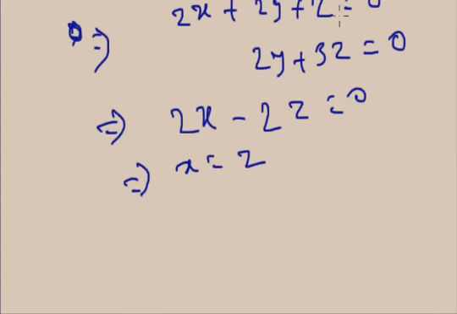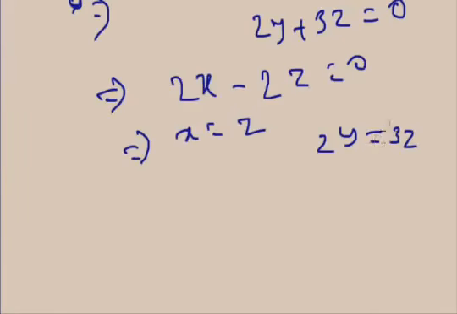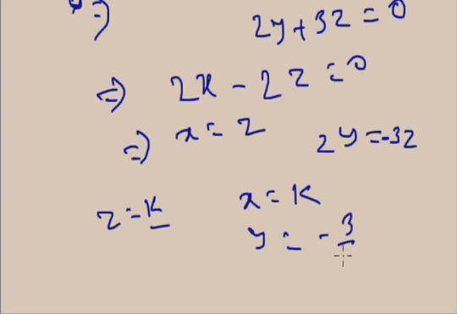X and z are the same. To find the value of y, 2y is equal to minus 3z. Suppose z is k, so x will be k and y will be minus 3 by 2 k.